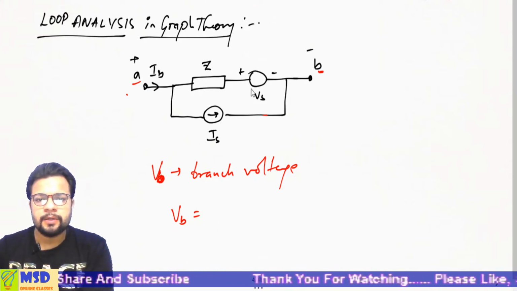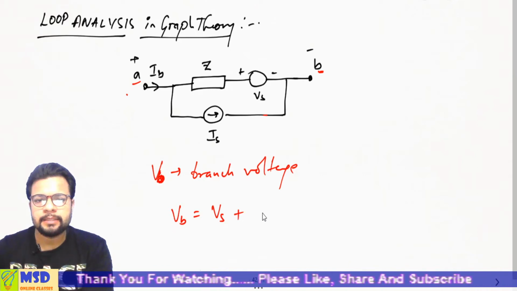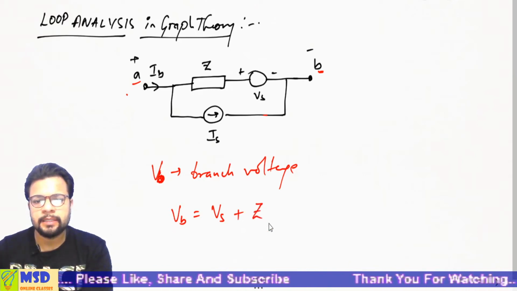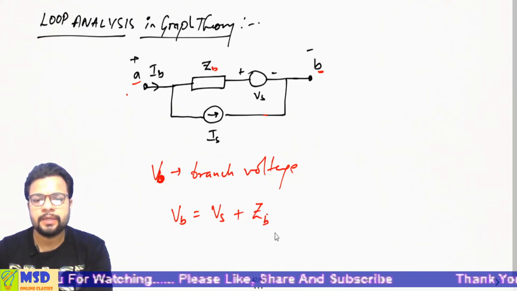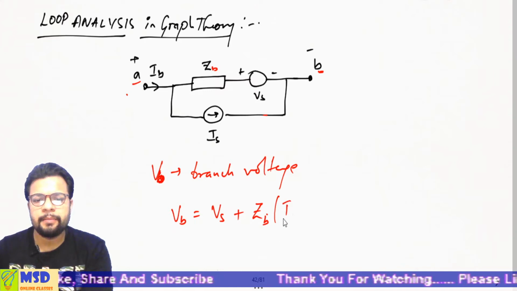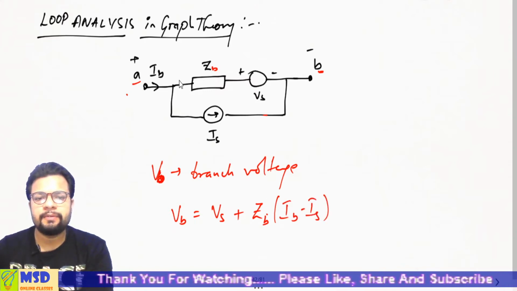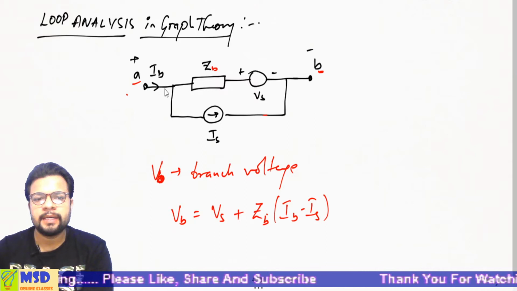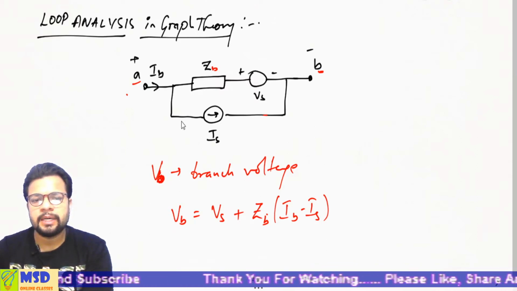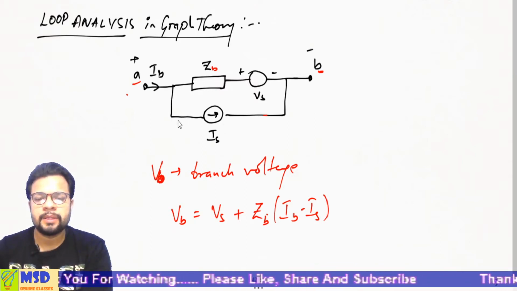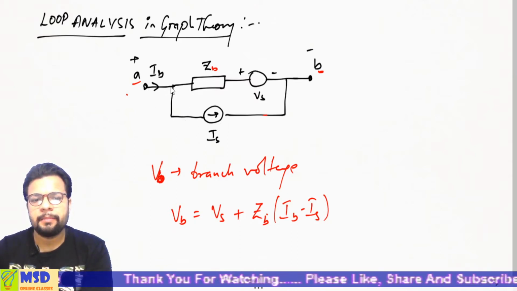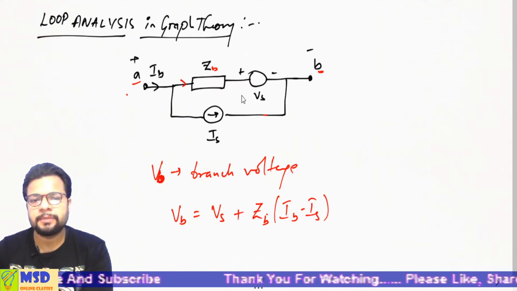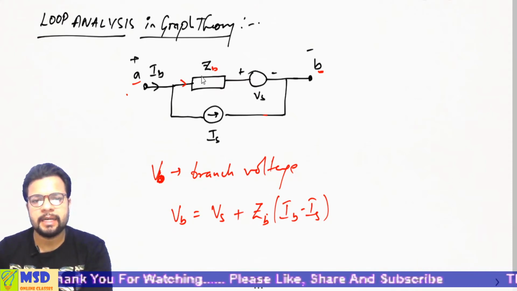Now see, Vs plus Z into, if I say this to be ZB, so it is ZB into (IB minus Is). Since the current flowing through this ZB element is the difference of these two currents, since I have assumed Is to have this direction, and IB is assumed in this direction, therefore as per KCL, the current flowing in this branch is IB minus Is.